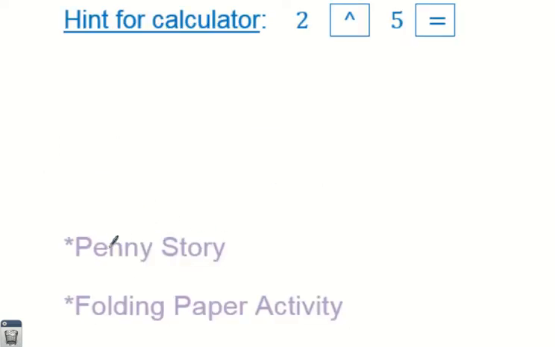The penny story, you might not be missing anything there. The folding paper activity, if you want the full experience, like if you missed class, grab a random piece of paper and see how many times you can fold it in half. Like hamburger style, fold the paper in half, and then fold it in half again, and then again.